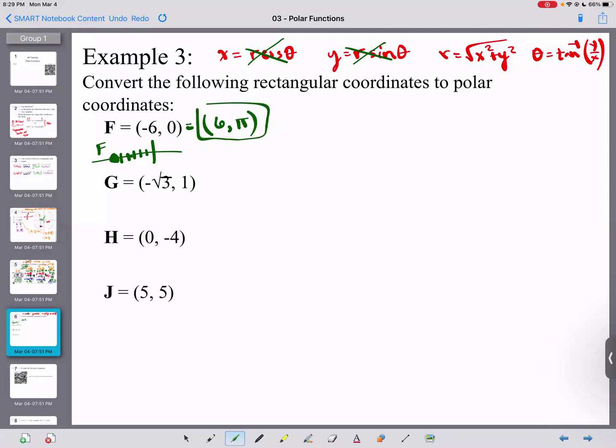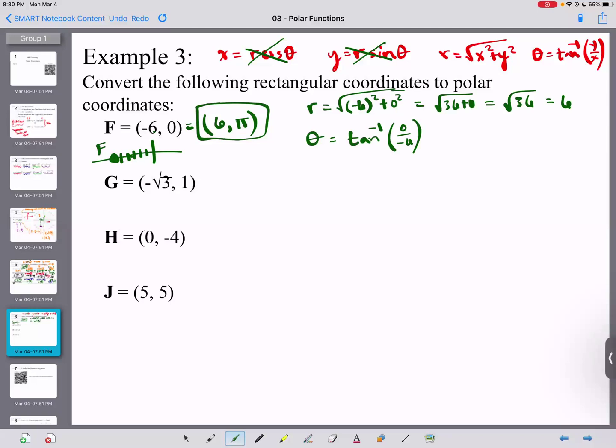This is our guess. And the way to figure it out is to say, well, r equals the square root of negative 6 squared plus 0 squared. And that is, in fact, the square root of 36 plus 0, which is the square root of 36, or 6. So that part is right. And then what you do for your theta is you take tangent inverse of y over x.